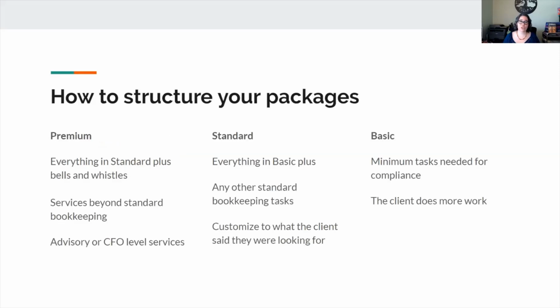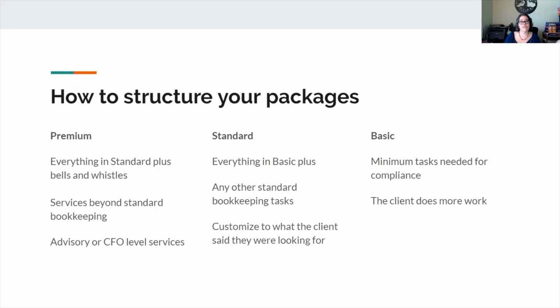So how do you structure your packages? You first want to determine what's going to be in them, and usually the way that it works is your smallest package will be the basics that you need for compliance. This is just the bare minimum things, and then your client will be doing more of the work. They may be doing their own data entry, or they're responsible for organizing their own receipts.